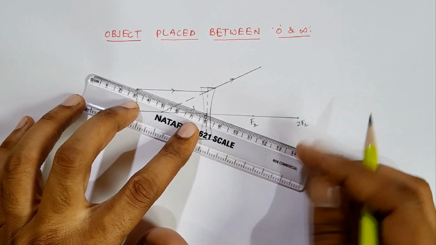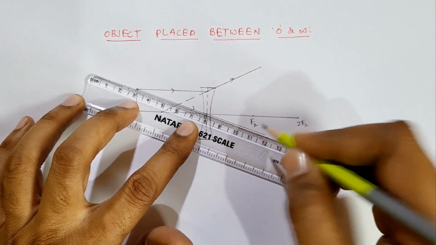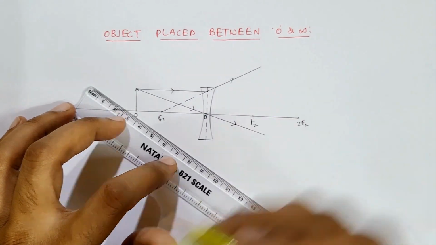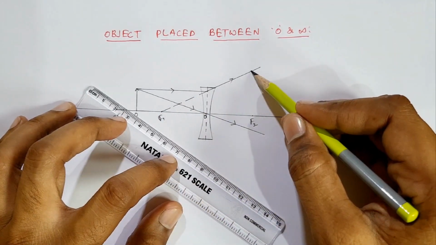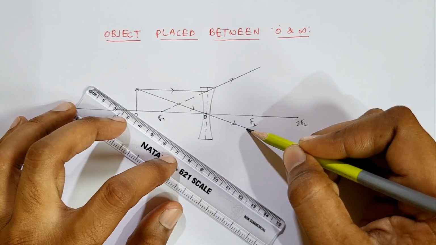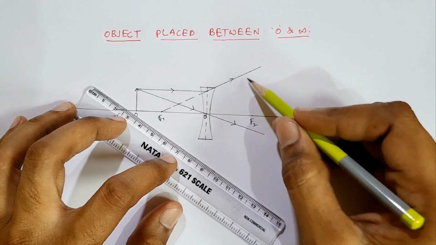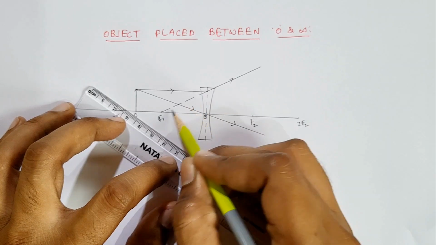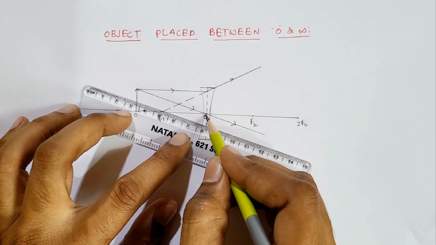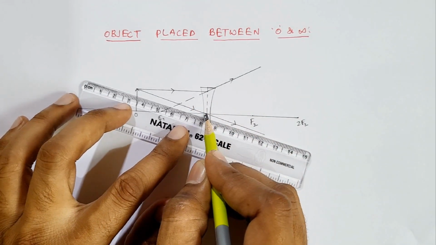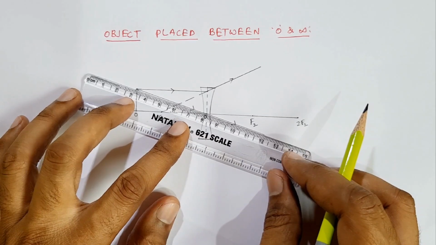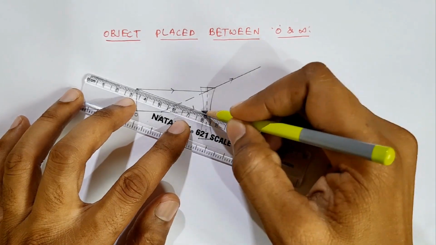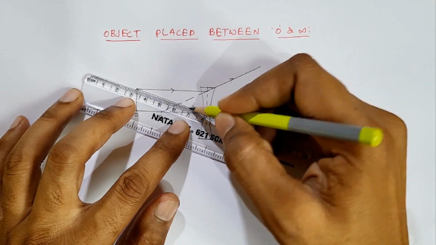The refracted light ray will also pass straight like this. Correct? This is one refracted light ray, this is another refracted light ray. Where are these two going to meet? They are not going to meet anywhere. That's why I am going to extend this light ray back, and the refracted light ray that started from the optical center, I will also extend back, drawing dotted lines.